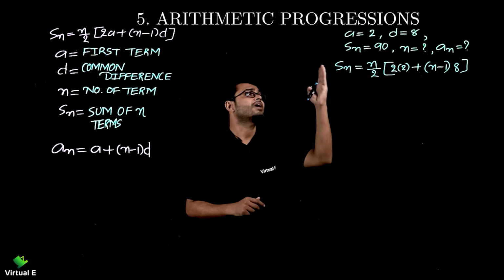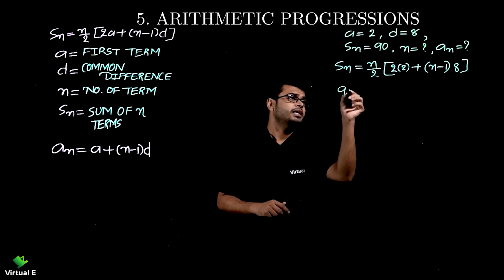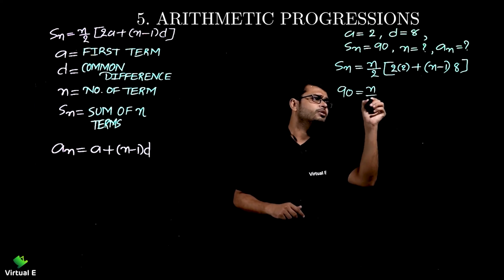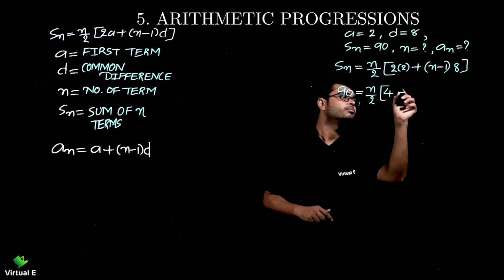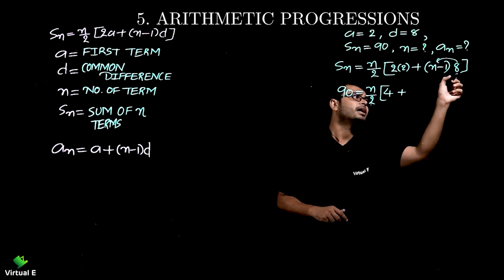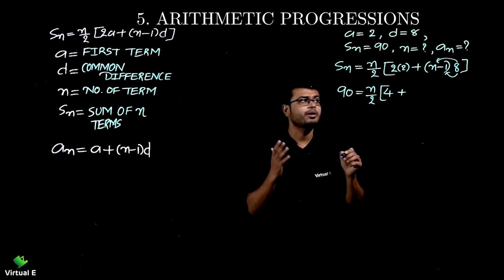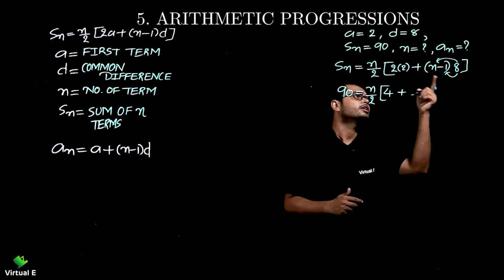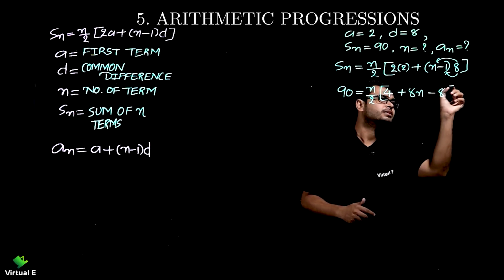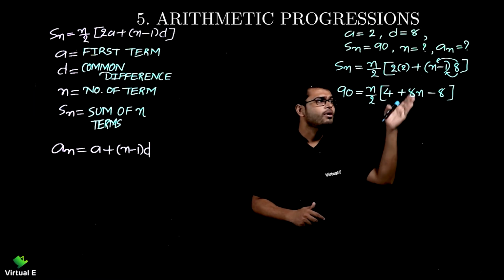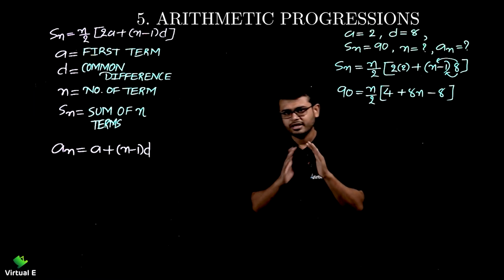Let's substitute the value of Sn, which is 90, is equal to n by 2, and here 2 2s are 4, plus let's multiply 8 with each of them one by one. 8 into n will give you 8n minus 8. Simple. Now 4 plus 8n minus 8, simplify here only.